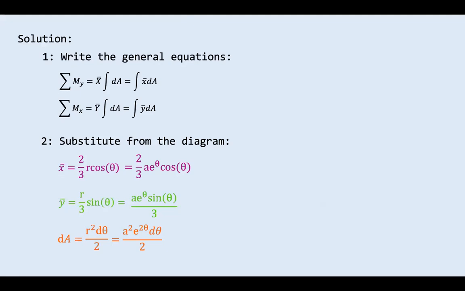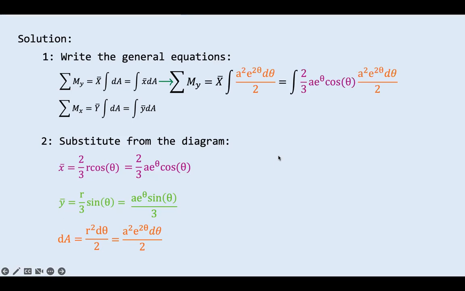Okay, solution. Remember, this is all we have solved for up to this point. Now we will want to substitute in the given information, first for the sum of the moments about the y. That is equal to the sum of lowercase x bar times dA.